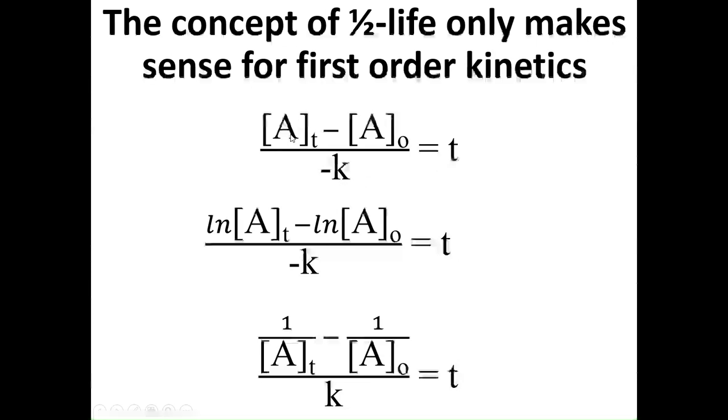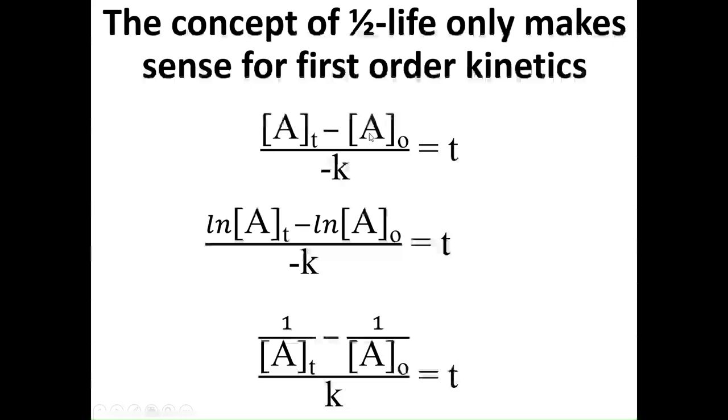What if I started with a concentration of 4 molar and ended up with a concentration of 2 molar? That's the time it took for half of it to be converted into a new form. Then instead of having negative 1 over negative k, I'd have negative 2 over negative k. What if I started with 1 molar and ended up with half a molar?